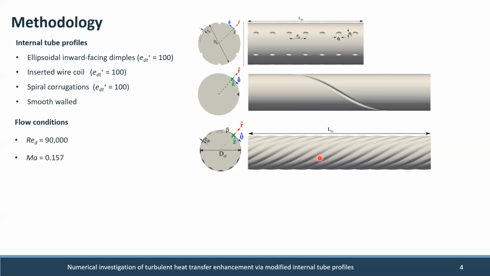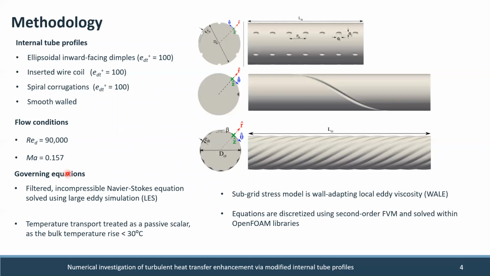In addition to these 3, we also simulate the flow inside an unprofiled tube, a smooth-walled pipe, in order to validate our numerical method. The flow condition, the Reynolds number is 90,000 and the Mach number is 0.157.